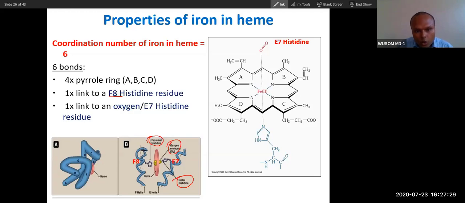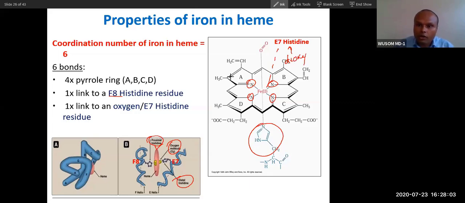Now you can see these two structures. This heme is present between these two arms, and this is how the fifth bond is satisfied. The four bonds are satisfied by the nitrogen of the pyrrole rings, and the fifth bond is satisfied by the proximal histidine always. The sixth bond, in case of deoxygenated hemoglobin, is satisfied by the distal histidine.